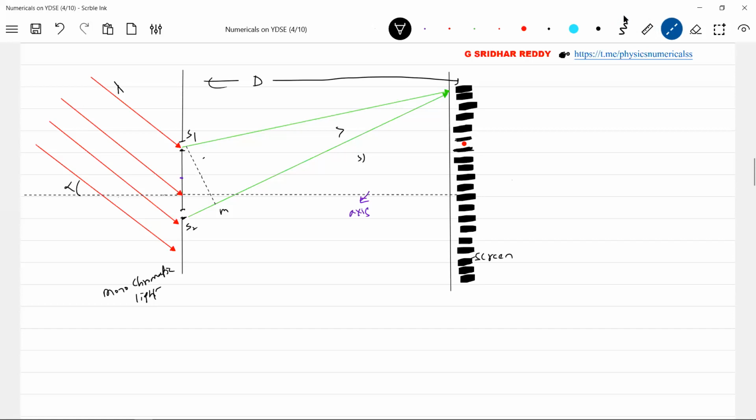So now again, you look at this triangle. O will cover more path, so this will be delta x2. Try to make observation.